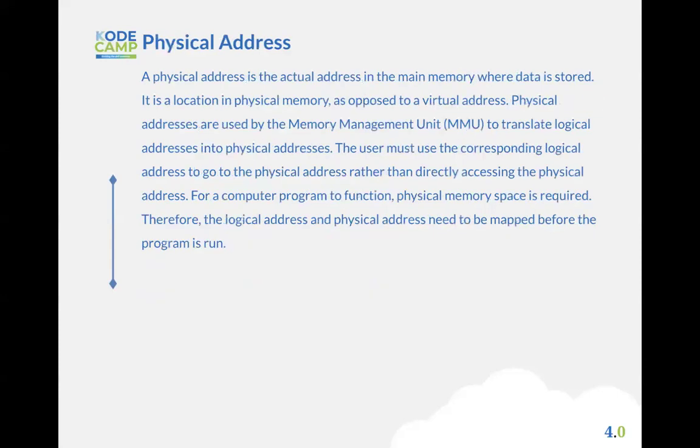So the physical address is the actual address on the main memory where the process and its data are stored. The physical address uses the memory management unit, that's the MMU, to translate the logical address into the physical address and makes that available to the processor. So while referencing a process address space, the CPU, the processor, uses the logical address instead of the physical address.